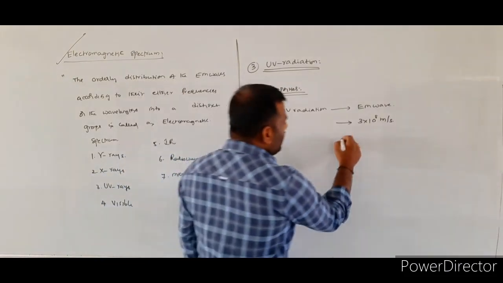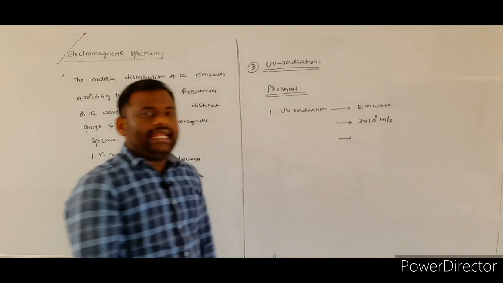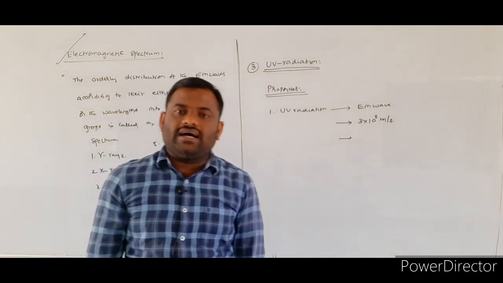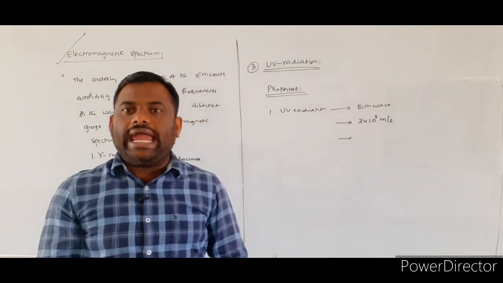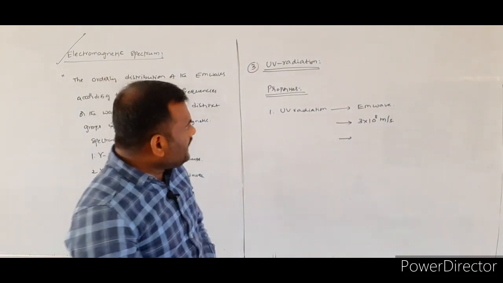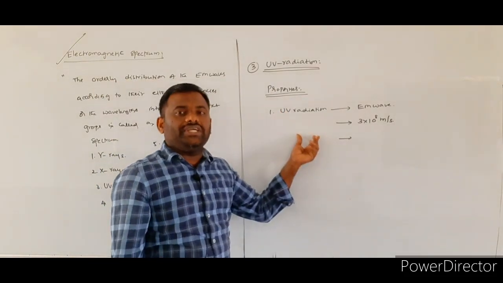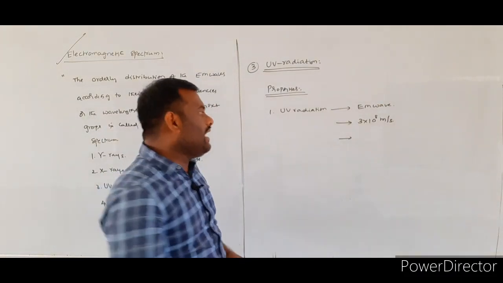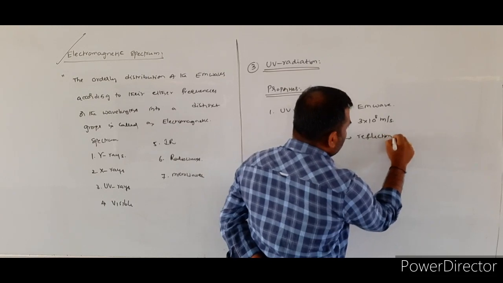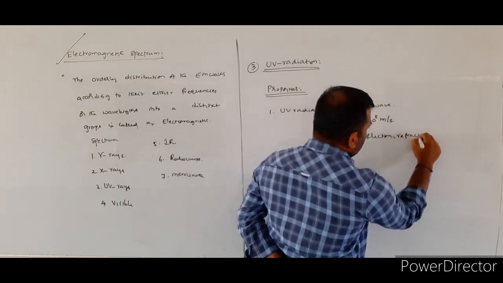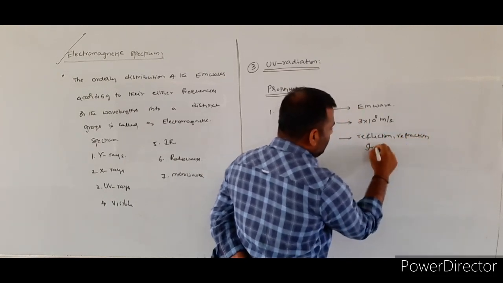Next, we know that light exhibits the phenomena of reflection, refraction, interference, diffraction and polarization. So the UV radiation will also obey the principles of reflection, refraction and interference.